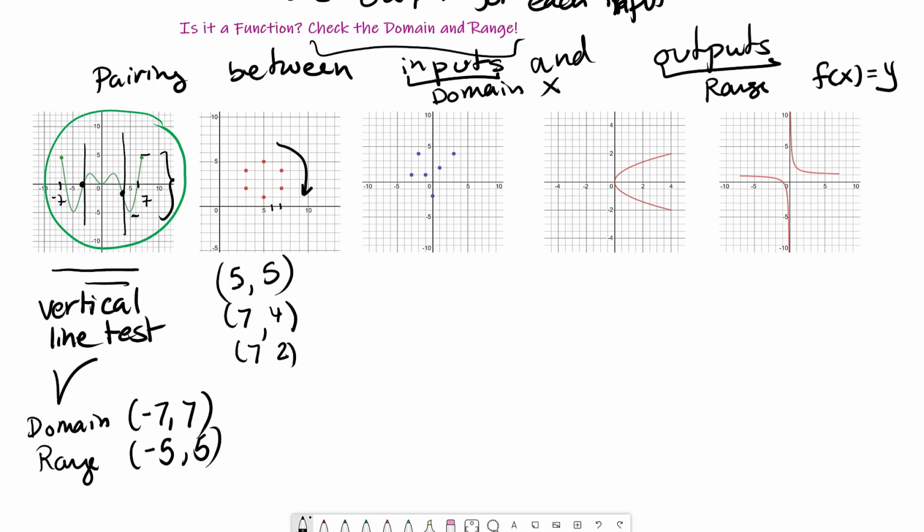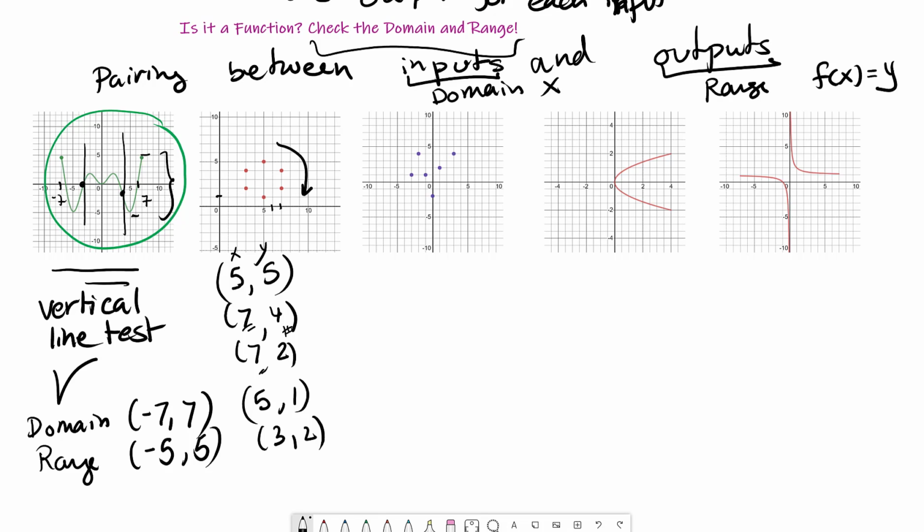We already see that we have a problem here. We have the same x here, 7, but two different y's, right? 4 does not equal 2. The next point here is 5 and 1, right? X is 5, y is 1. And we have 3 and 2, so these are the x's and these are the y's.